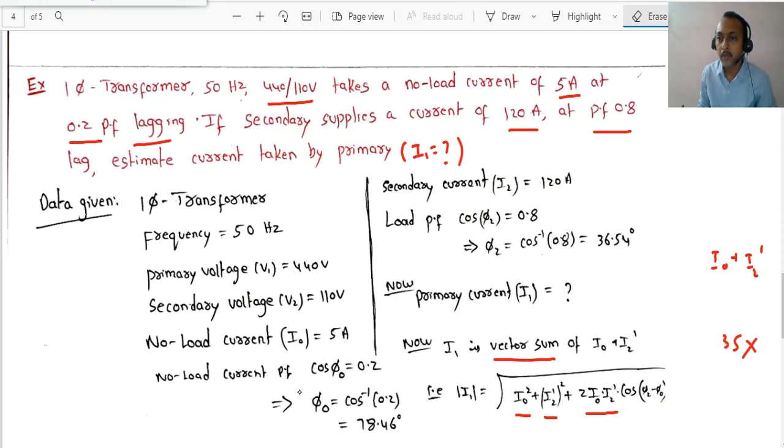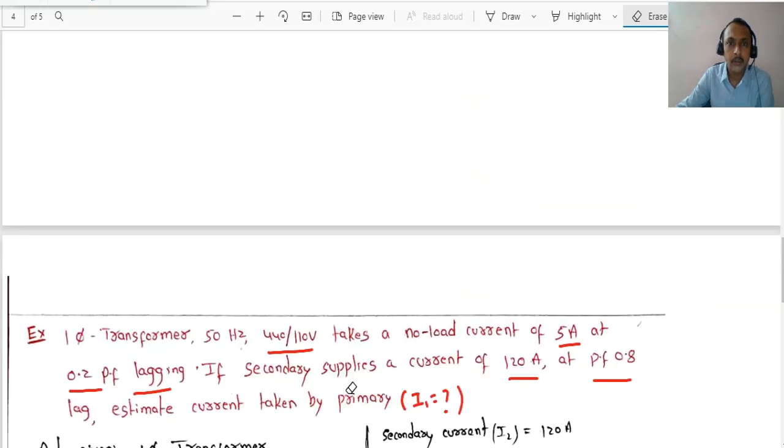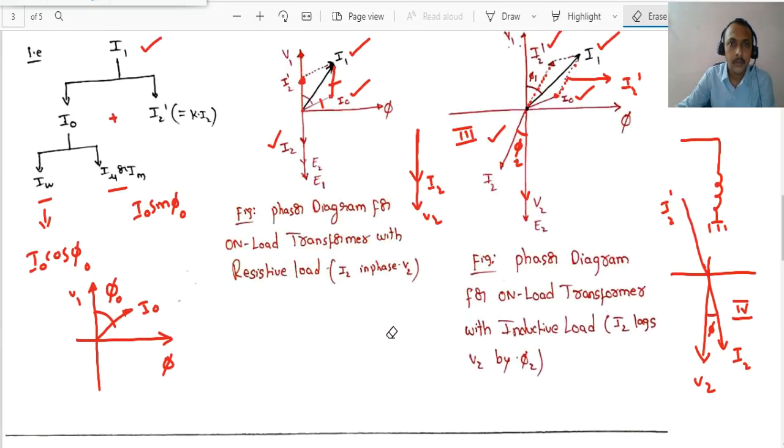In this problem, two angles are there. One angle is the load power factor angle and the other angle is the no load current angle phi naught. Phi naught is indirectly given; this 0.2 indicates phi naught. Simple, dear students. In this diagram, we have two angles of interest.